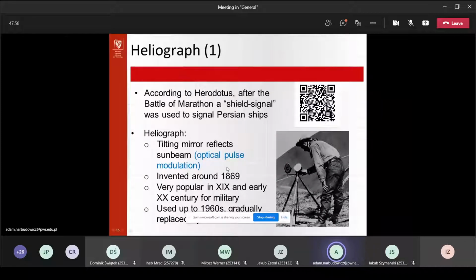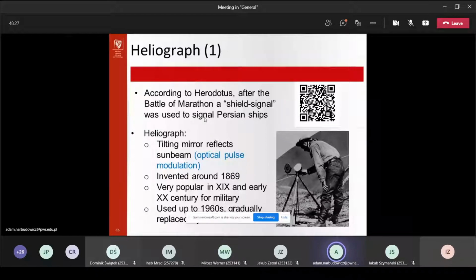Okay, so again, as you can see in blue, speaking about the theory of telecommunication, that can be seen as pulse modulation of optical signals. Again, primitive and very inefficient, right? However, the concept is still there. And as you can see, it was also dating back to ancient times.